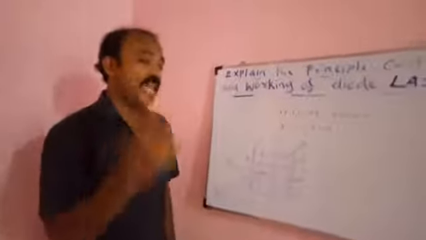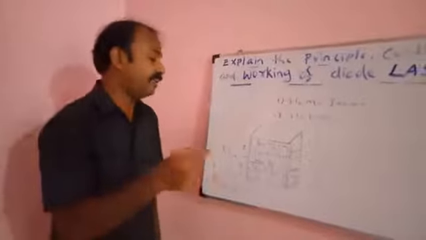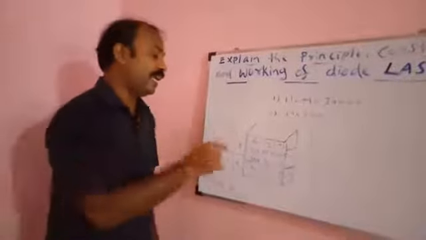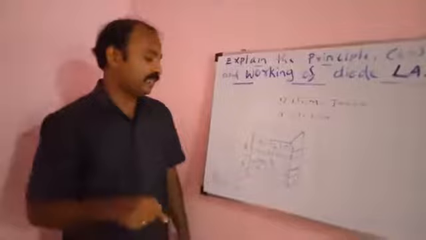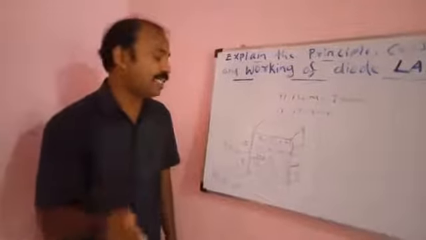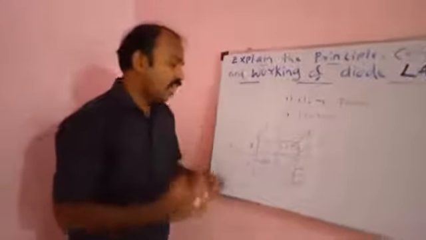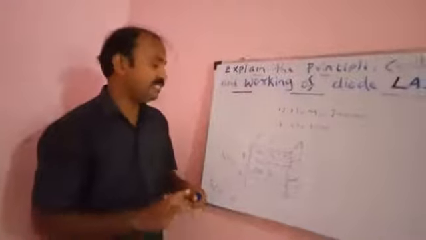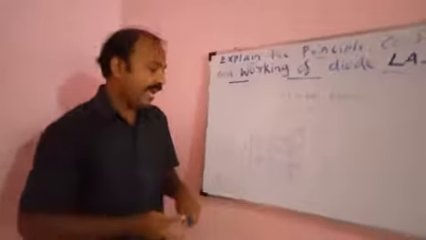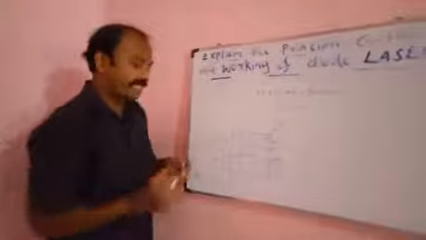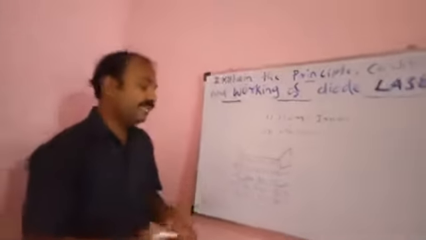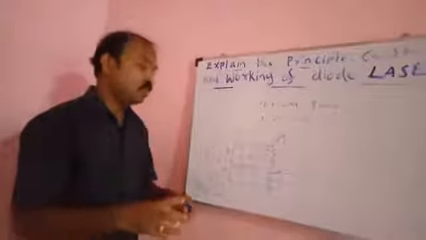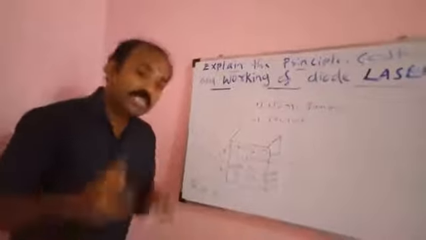from the second layer and fourth layer, once again, what is the second layer? Gallium aluminum arsenide p-type. What is the fourth layer? Gallium aluminum arsenide n-type. The charge carriers from the second and fourth layers cross and enter into the active region. Which is the active region?